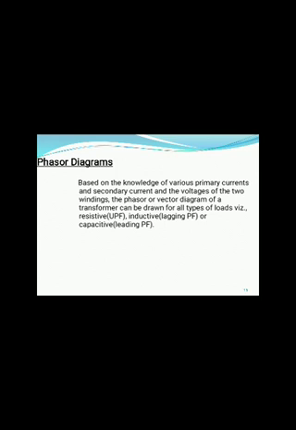The phasor or vector diagram of a transformer can be drawn for all types of loads. So here a resistive load, that means unity power factor, an inductive load, that means lagging power factor, or a capacitive load, that is a leading power factor.